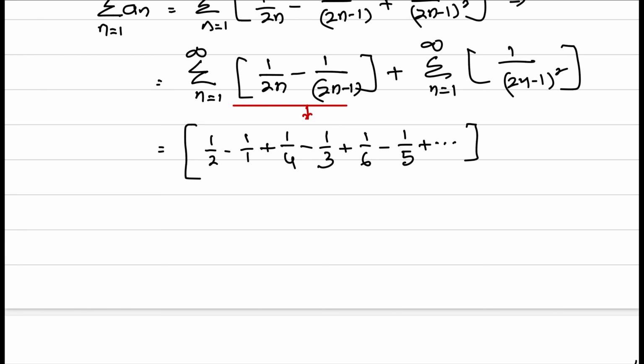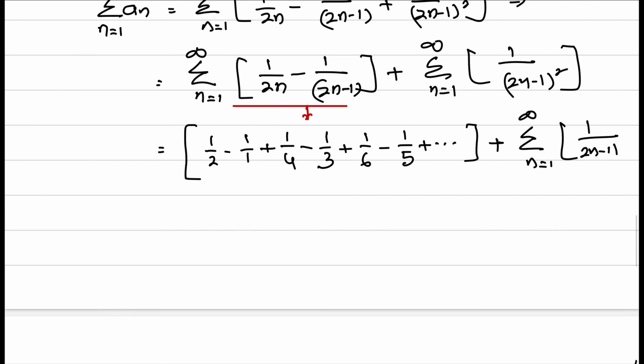This is this value plus, let us try to do next this one. Just wait for finalizing this value, 2n minus 1 whole square.